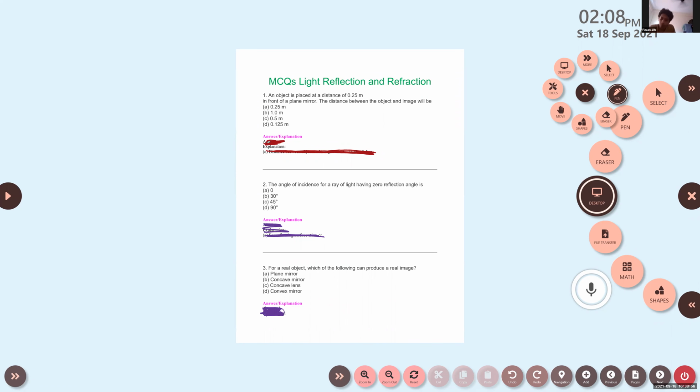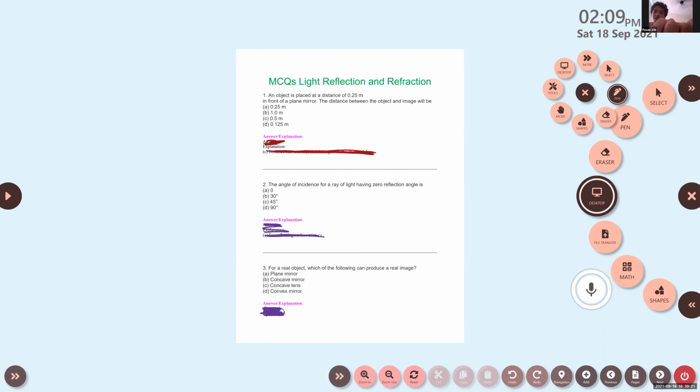So our first question: an object is placed at a distance of 0.25 meter in front of a plane mirror. The distance between the object and the image will be: 0.25 meter, 1 meter, 0.5 meter, or 0.125 meter. Think and answer.